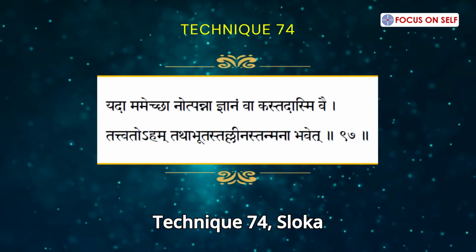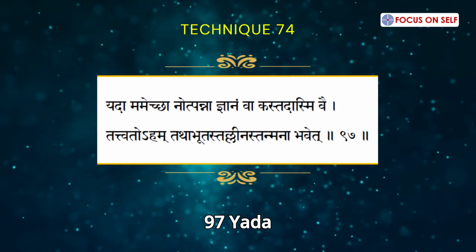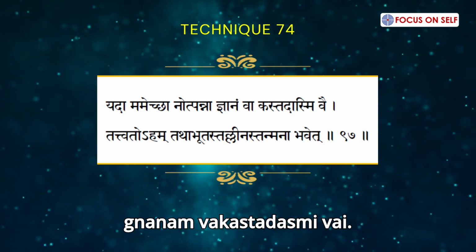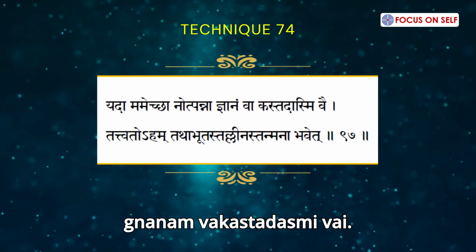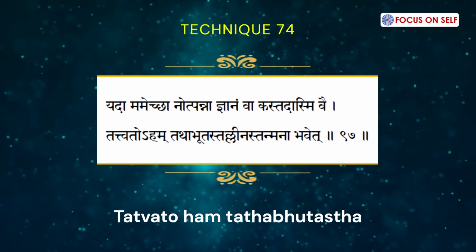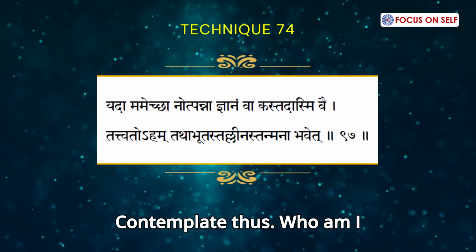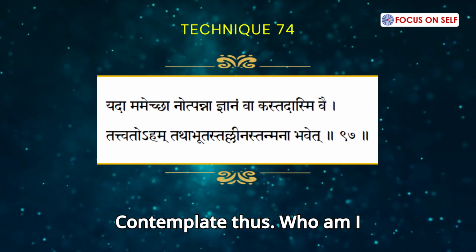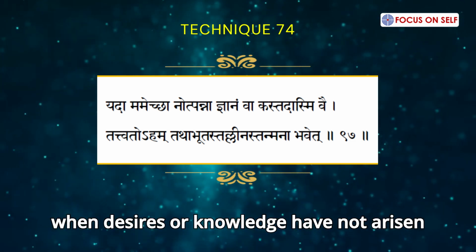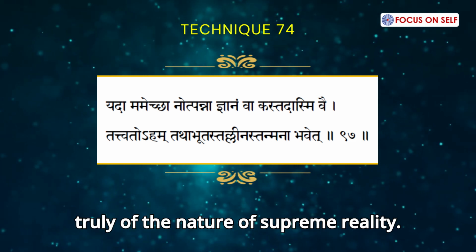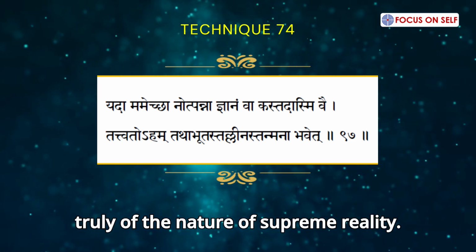Technique 74, Shloka 97. Contemplate thus. Who am I when desires or knowledge have not arisen within me? In that state, I am truly of the nature of Supreme Reality.